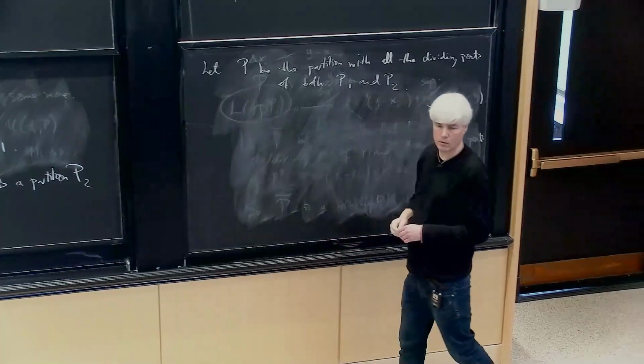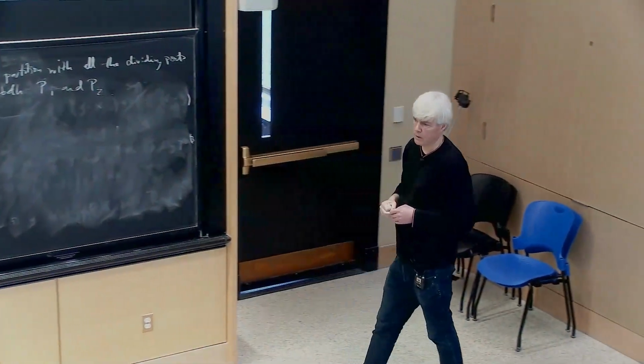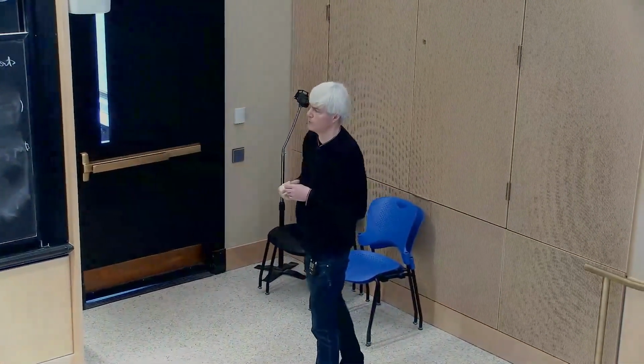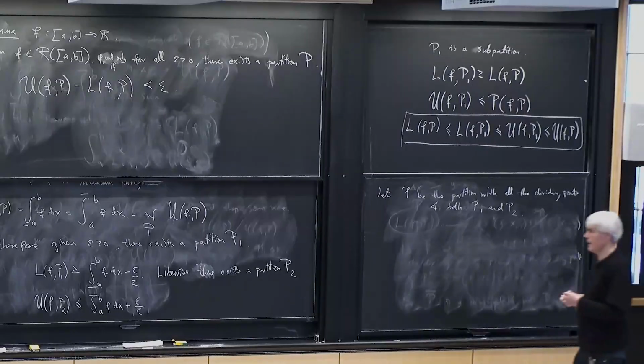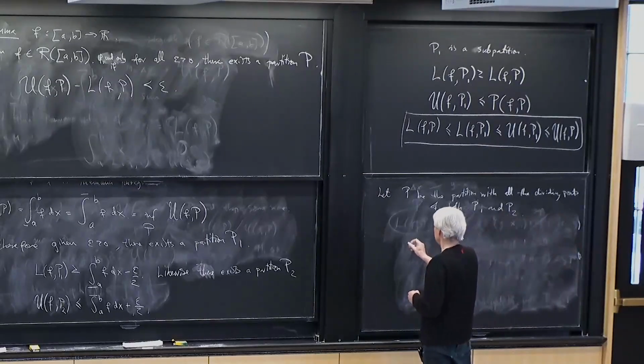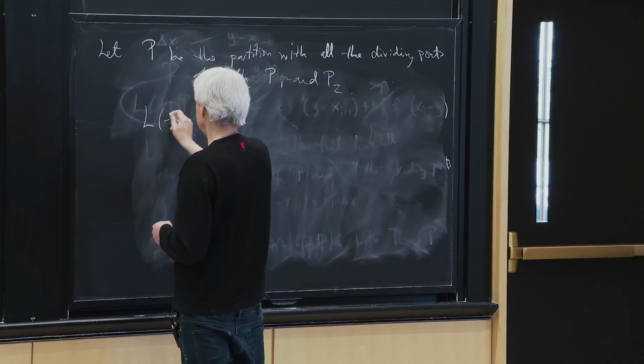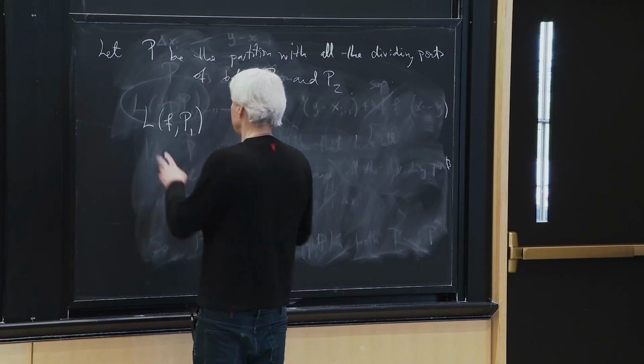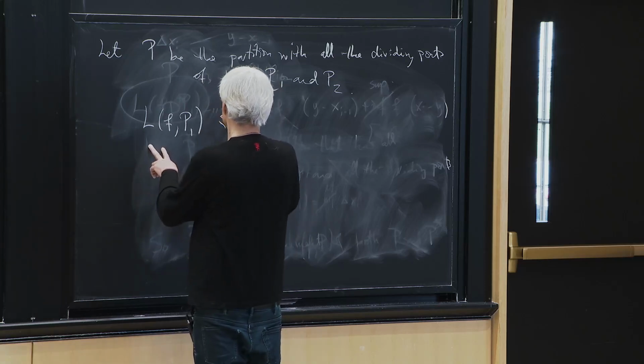Right, so it has all of the dividing points of P1 together with all of the dividing points of P2. But now for this partition we have that, well, this is a refinement of P1. So if it's a refinement, the value here goes up.